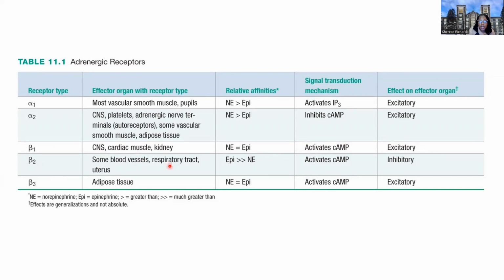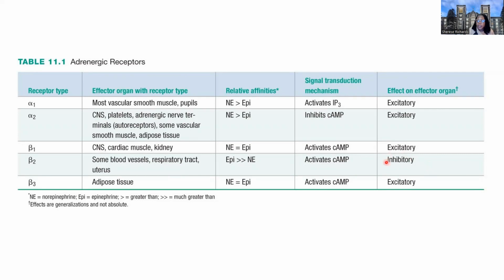Beta 2 is on some blood vessels, a very small amount, as well as the respiratory tract, so the lungs, and the uterus. Beta 2 prefers epinephrine, and it activates its second messenger, cyclic AMP, but that ends up being inhibitory at the tissue level.